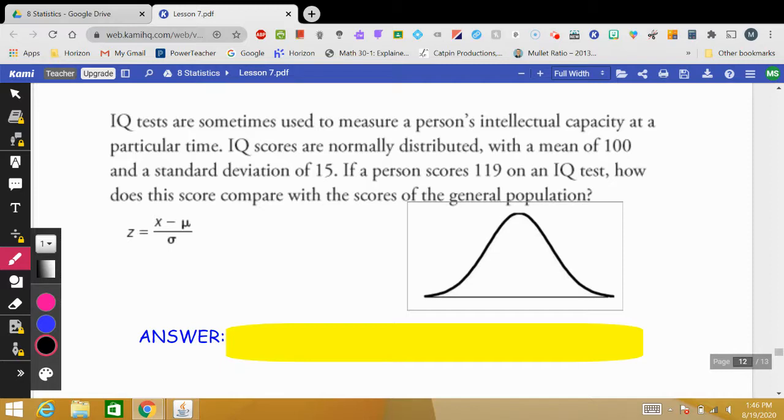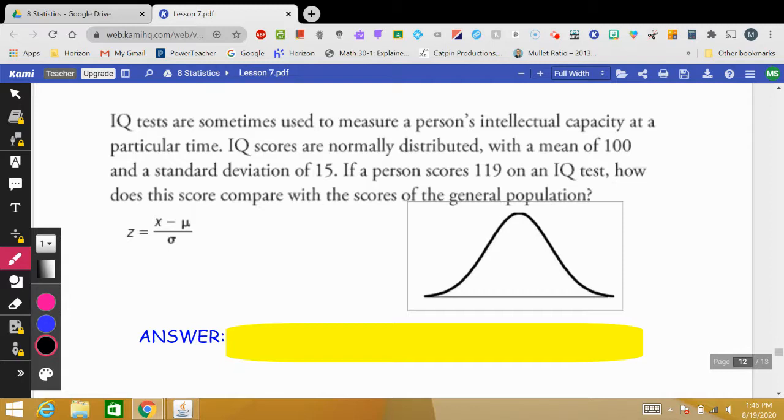They'll say, you know what, they're in the 75th percentile. What that means, 75th percentile, is that 75% of children, let's say they're doing it with the weight, 75% of children weigh less than your baby, and 25% of children weigh more than your baby.